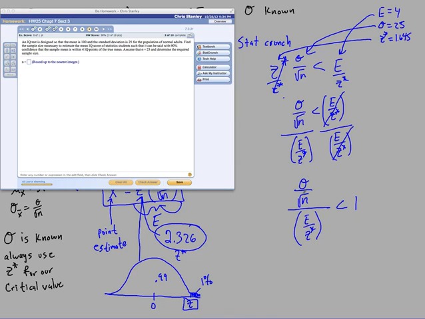Okay, but I have to get rid of this guy right here. Since he's in a numerator, I can multiply the square root of n here, multiply the square root of n over here. It's on the numerator, so these two cancel. Then this is just going to be this over this.